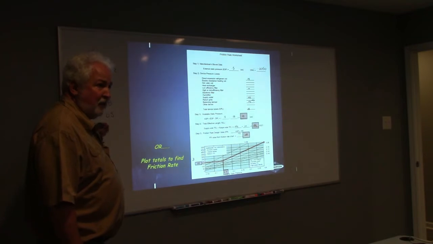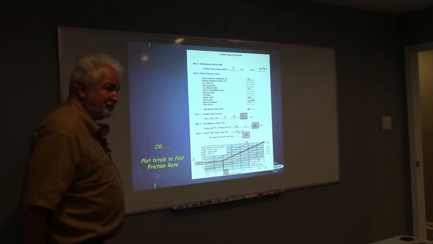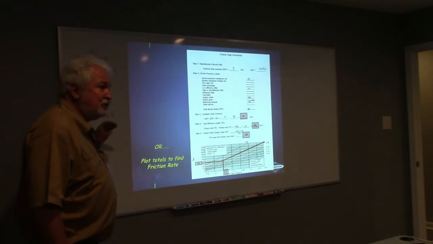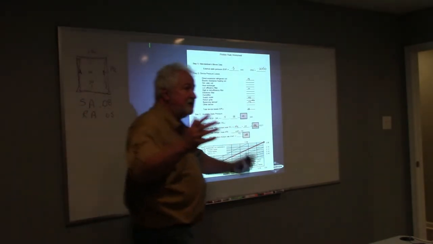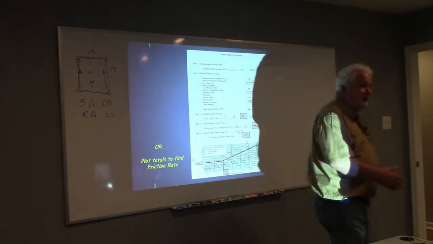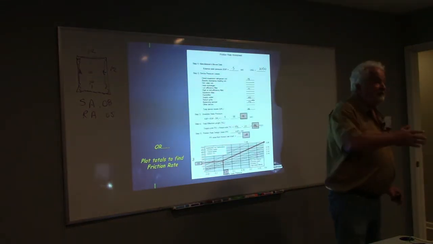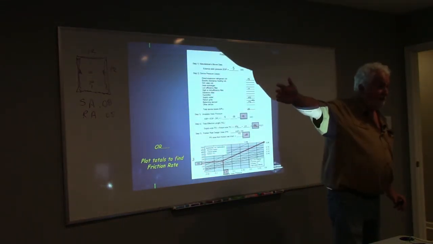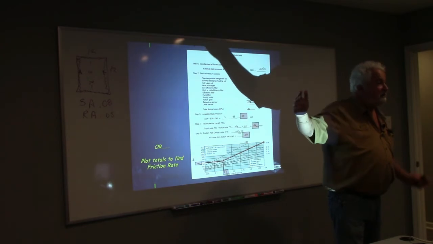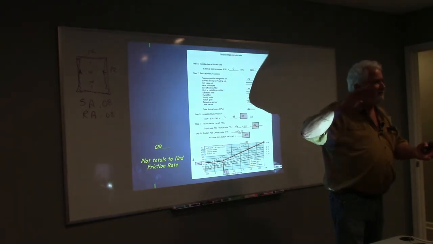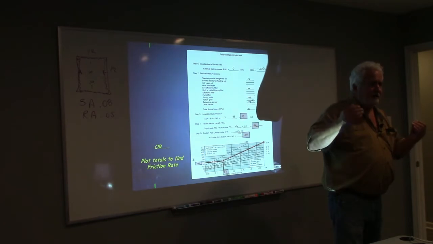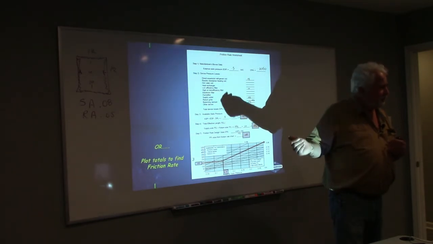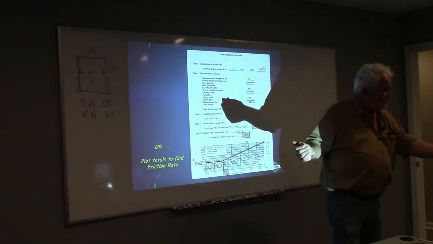SWAG is a scientific wild-ass guess, and PADOOMA is pulled directly out of my area of expertise. We're just making the ductwork bigger on the return so we can slow the air down. Because in the supply plenum, we were running at about 700 to 900 feet per minute. The return, they said, make it slower. So we have to make it bigger to make it slower. We've dropped it down a couple of friction rate numbers, so we got the 0.05. That's where that comes into play.